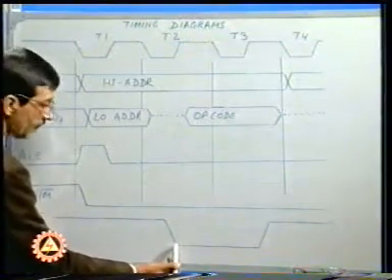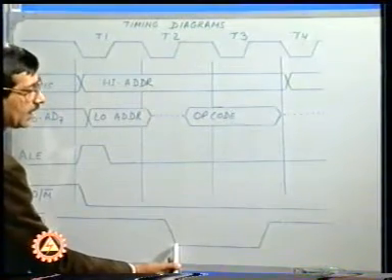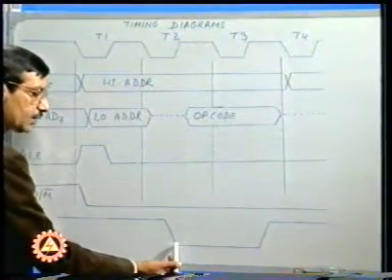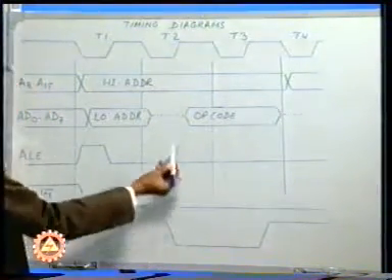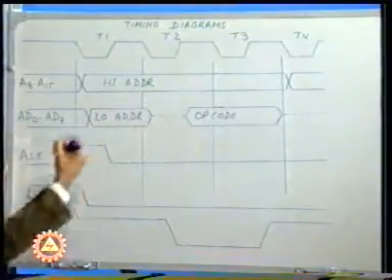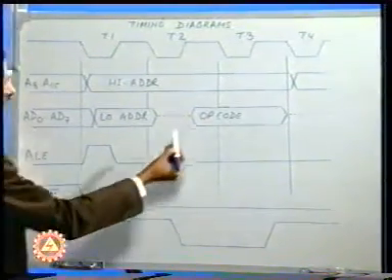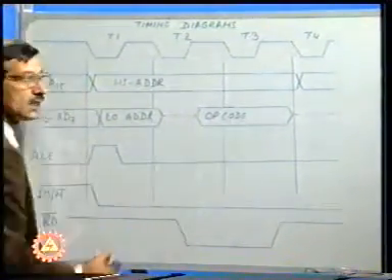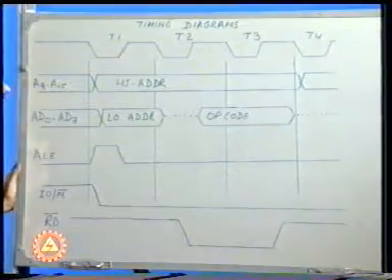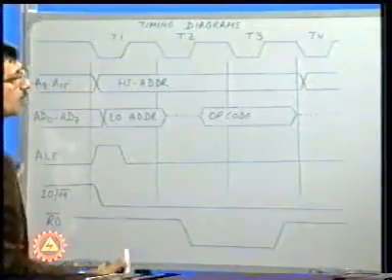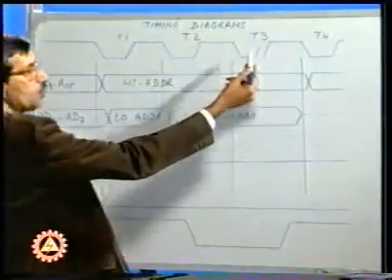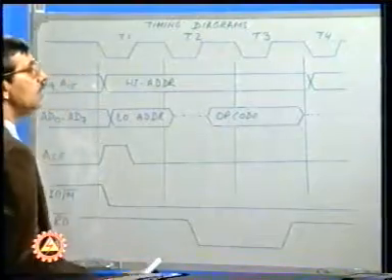The result of RD bar going low is that the memory places the data on AD0 to AD7, and that is what we call the opcode. Once the opcode has been placed during the second T state, we pass over to the third T state.